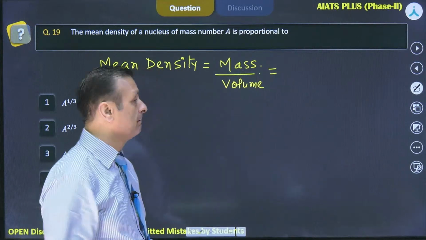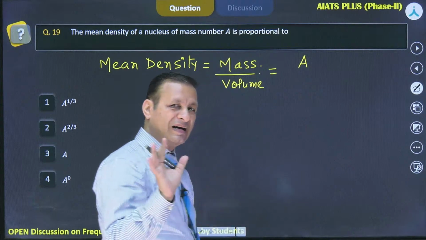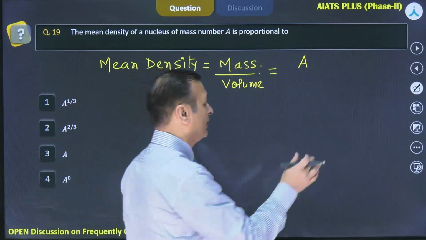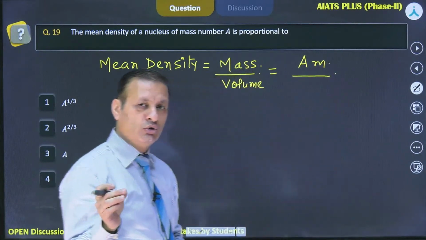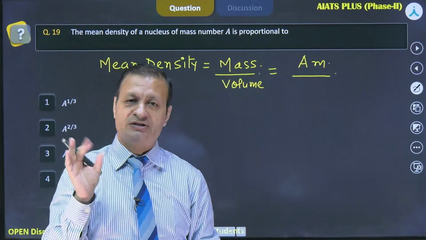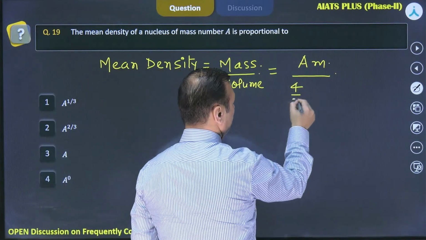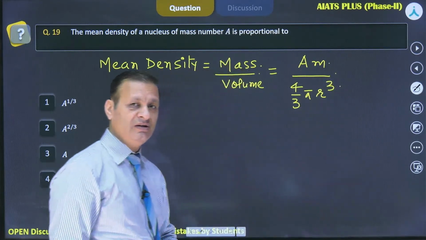Mass of the nucleus is mass number, that is the number of particles within the nucleus, times the mass of one nucleon. I am putting m for the mass of one nucleon. Nucleon involves your proton as well as neutron, so that is small m. And volume is 4 by 3 pi r cube. So this is the expression.